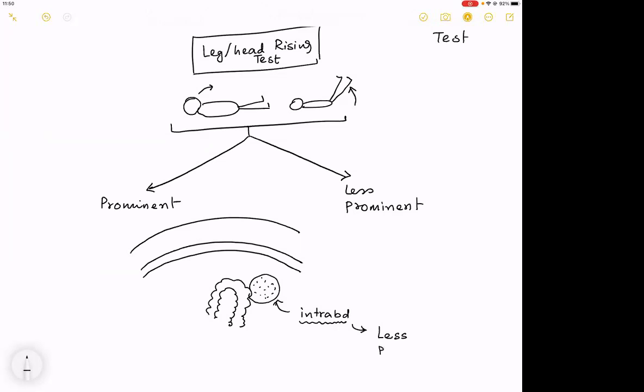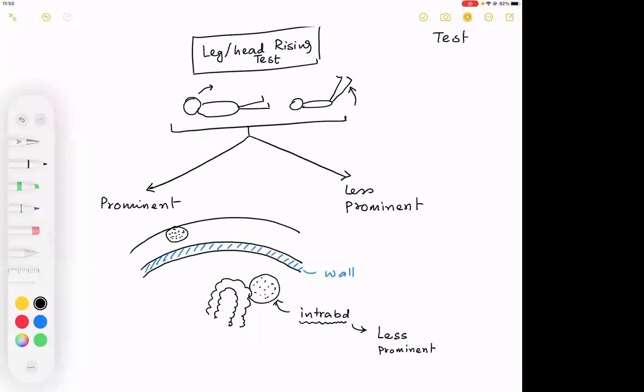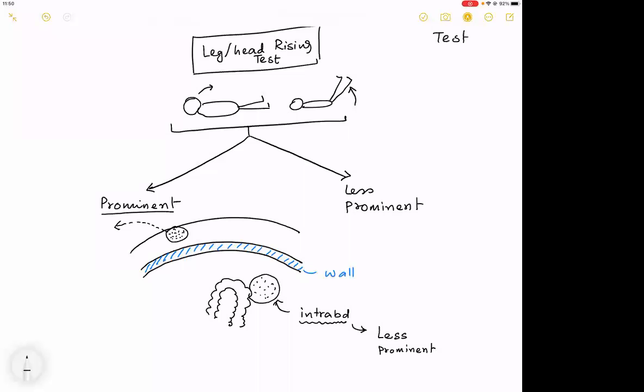It is less prominent. Whereas if it is a parietal lump, what does the word parietal mean? Parietal means above the abdominal wall. Okay, so this is the abdominal wall. So if it is a parietal lump, what is going to happen? It is going to be prominent.